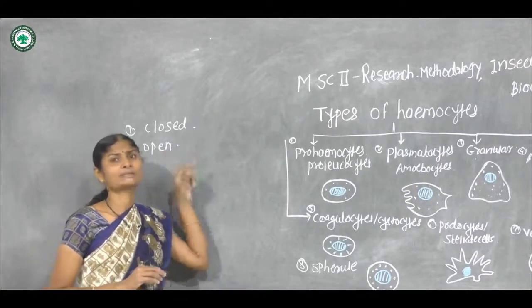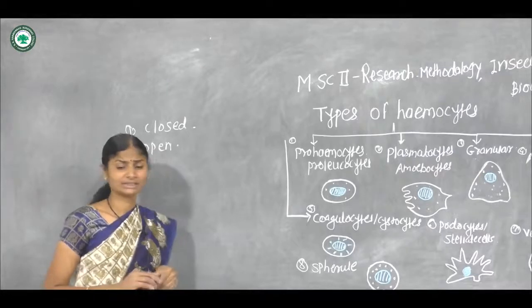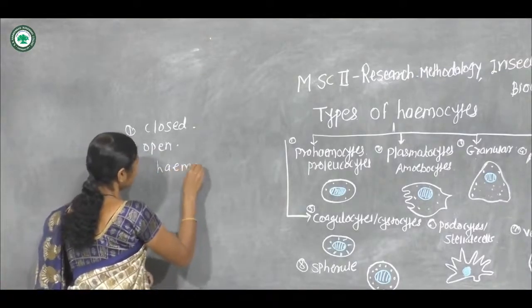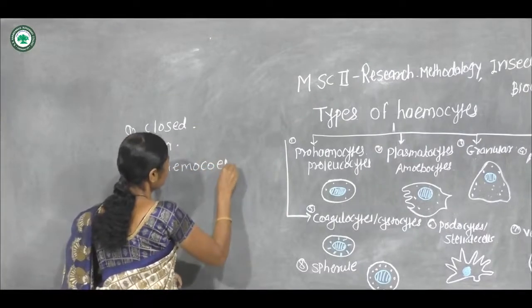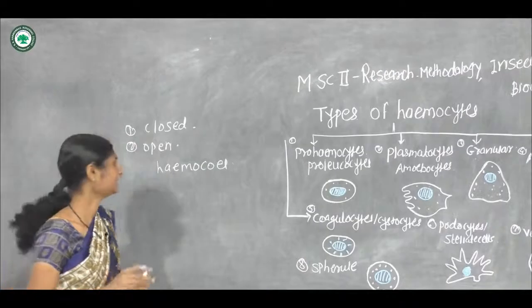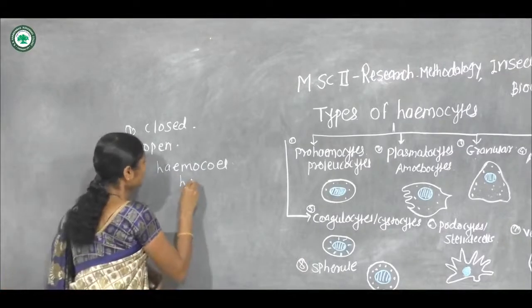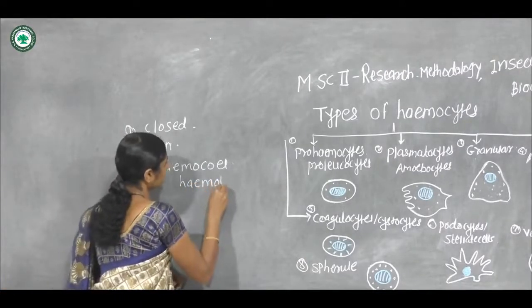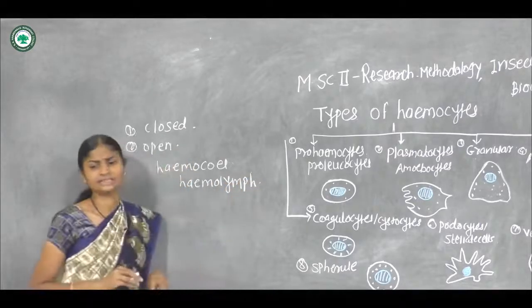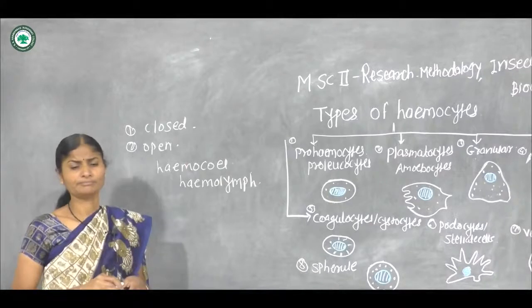In insects, the body cavity is called the hemocoel, and the blood present in insects is called hemolymph.